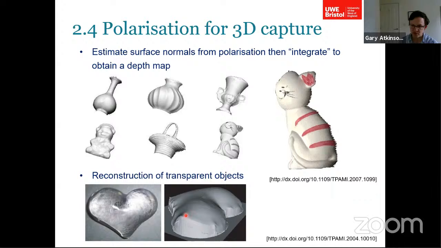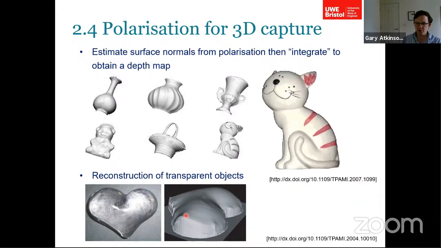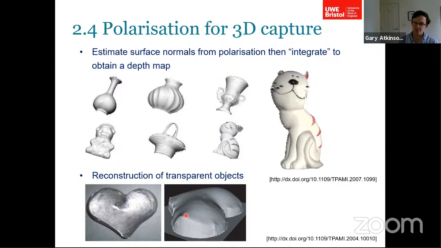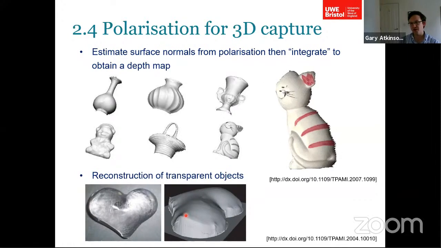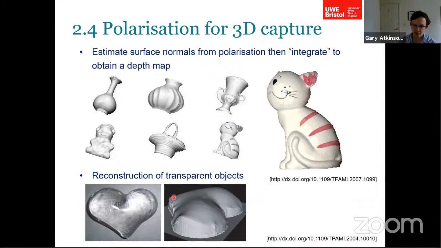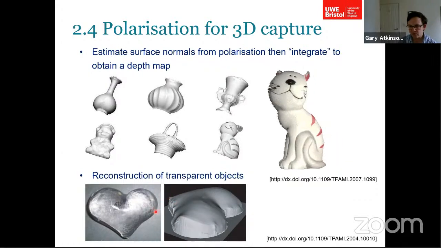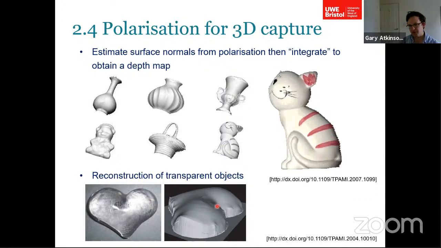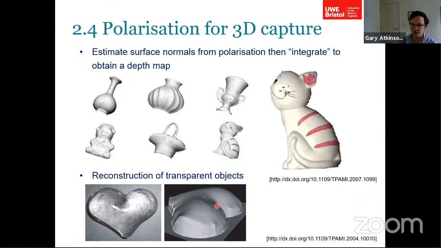But the good thing about using polarization information with a transparent surface is that the polarization state of light emerging from the surface is not necessarily affected by what's beneath it in the same way that the intensity is. So he developed a method with his colleagues to construct a 3D map of this glass, for example. And more recently, a few inspection vision companies have tried to do similar things using polarization to inspect glass because it's such a difficult thing to do.